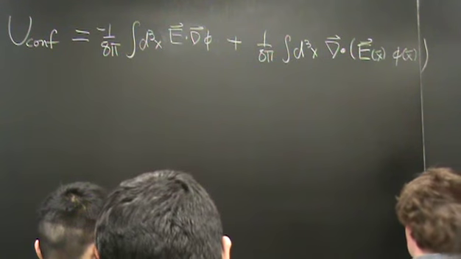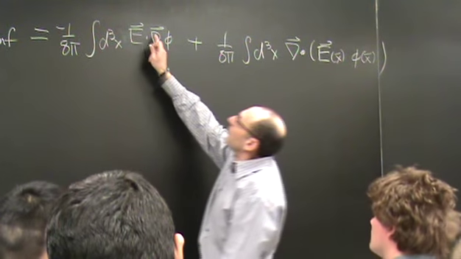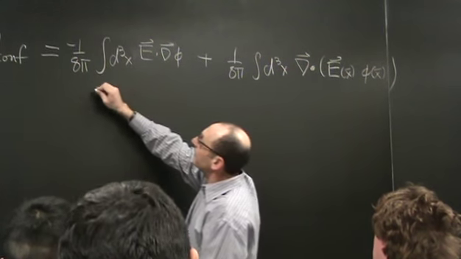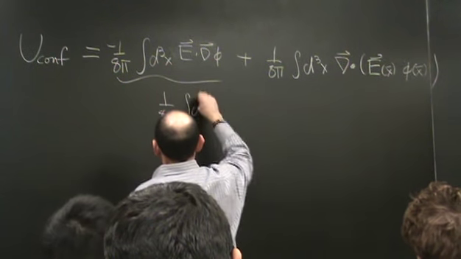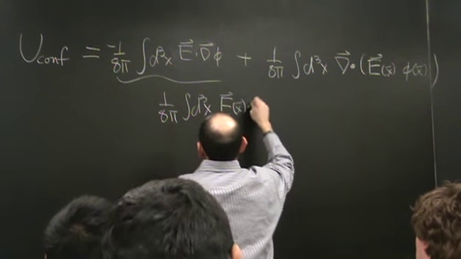Using the expression we just had. Now, minus grad phi is the electric field. So this term is 1 over 8 pi, integral over all space, E dot E.